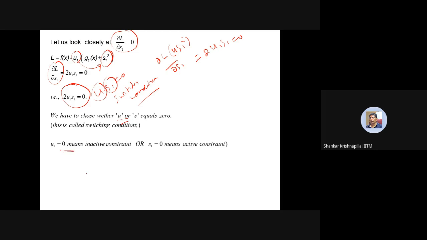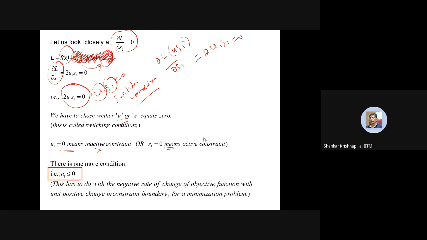u1 equal to 0 means inactive constraint. u1 equal to 0 means this whole term is gone, and there is only the original objective function. s1 equal to 0 means active constraint. So let us use these concepts.